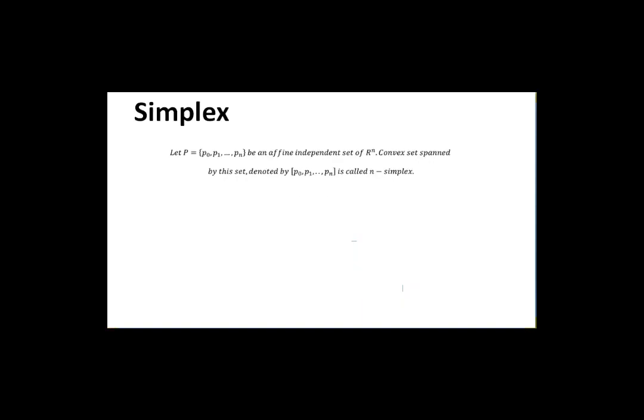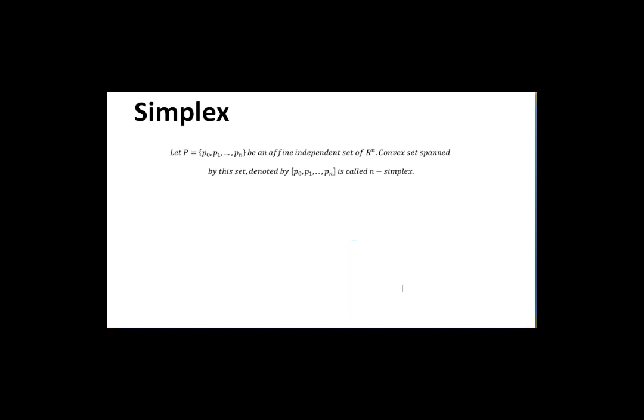Next, now we are able to define what is a simplex. So consider a set of points P coming from Rn, and these points are affine independent, and the convex set that is spanned by these points, which we denote with square brackets, is known as an n simplex.